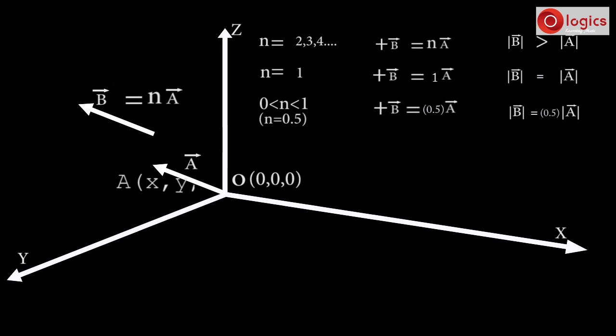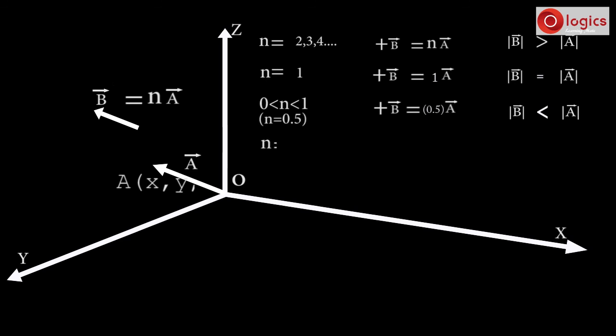In this case, for other values of n, magnitude of B bar is always less than magnitude of A bar. Observe here. The magnitude of B bar is less than magnitude of A bar, and both B bar and A bar are parallel to each other.